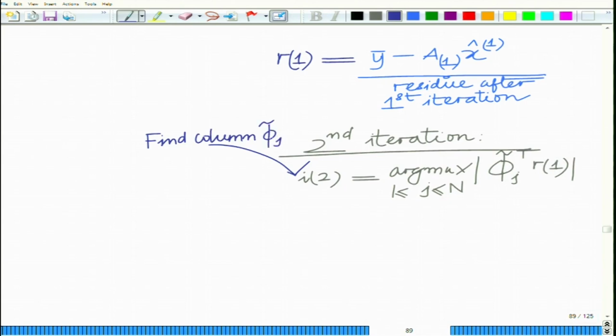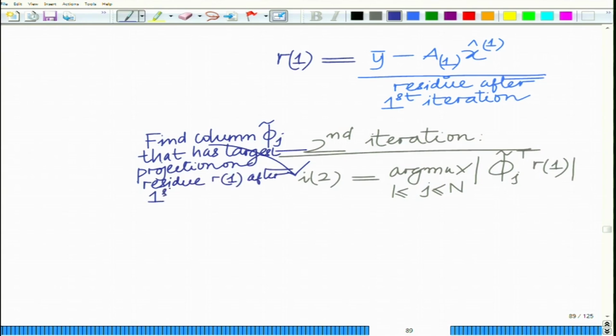So what we are doing here, and this is the key step, is find the column phi tilde j that has the largest projection on residue R1 after the first iteration.